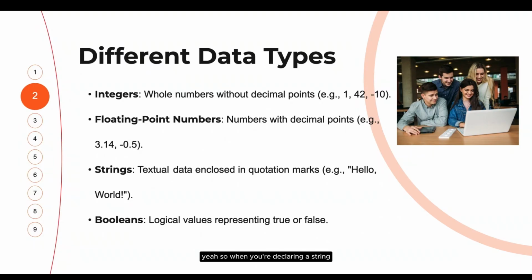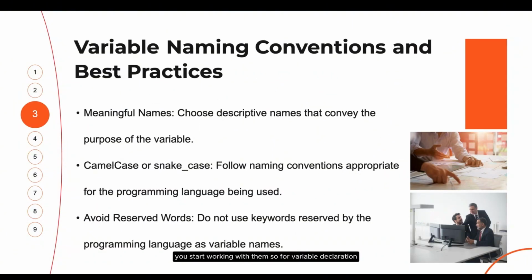When you're declaring a string, you always put it in quotation marks to tell the computer that this is a string. The Boolean values represent true or false. It can only have true or false. Those are called Booleans. Some other programming languages have more data types, but you get to understand them when you start working with them.